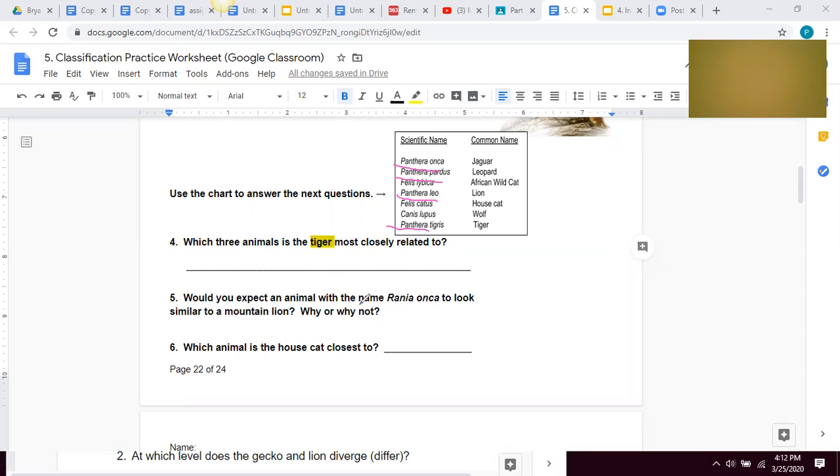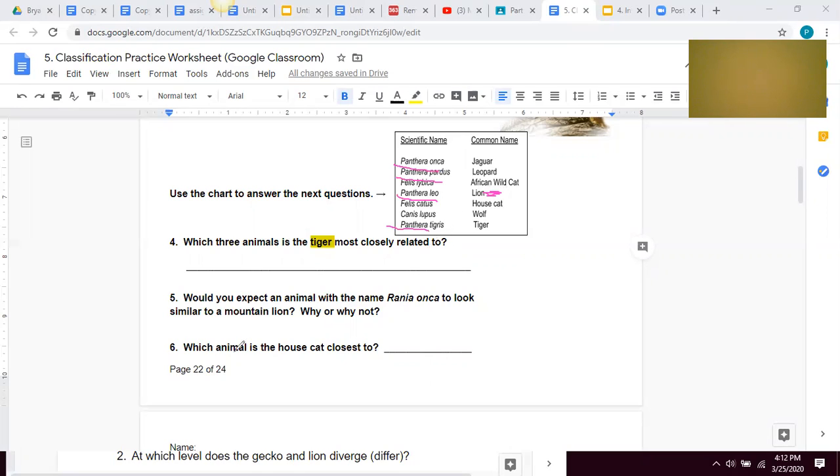Number 5, would you expect an animal with the name Rana Anka to look similar to a mountain lion? Okay, so I want you to use the information you have here and what we learned thus far. Maybe I can make an assumption that it's not that closely related, at least to a mountain lion, because the mountain lion has no genus or species name in common with that.